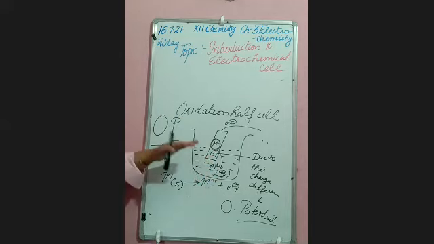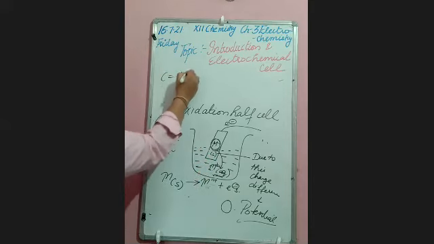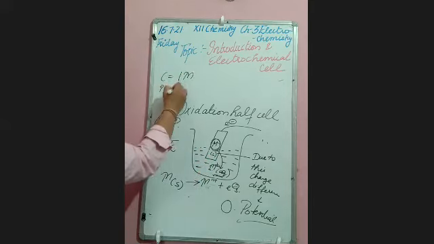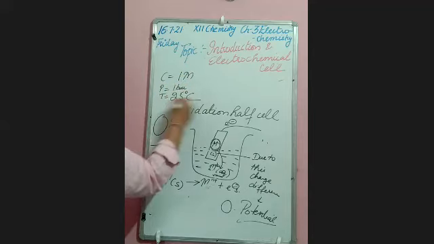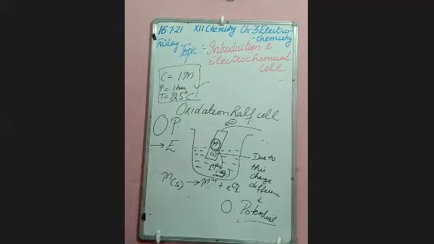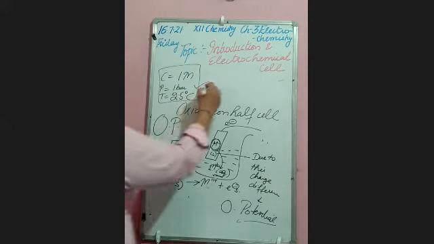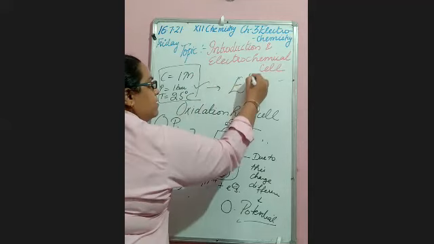If I am taking this reaction in standard conditions, which means the concentration of the solution is 1 molar, pressure is 1 bar, and temperature is 25 degrees Celsius, then that potential is represented by E naught.